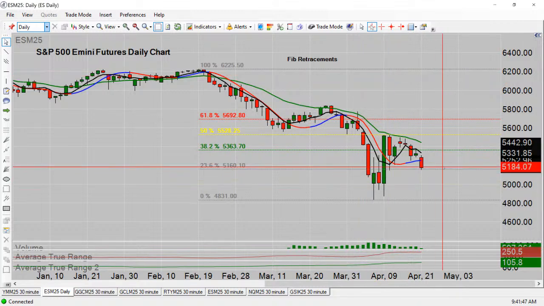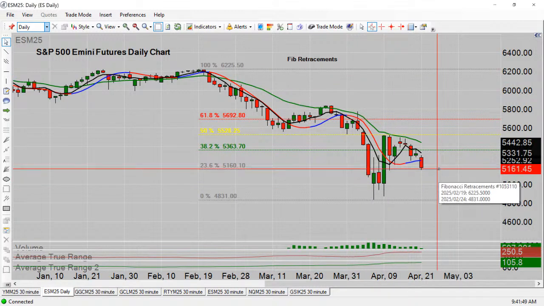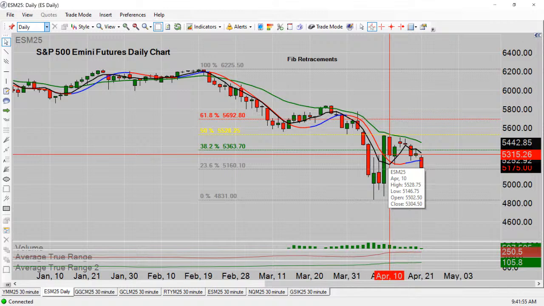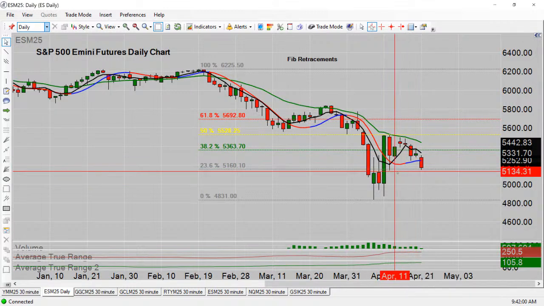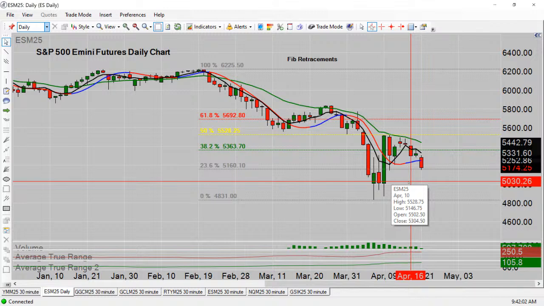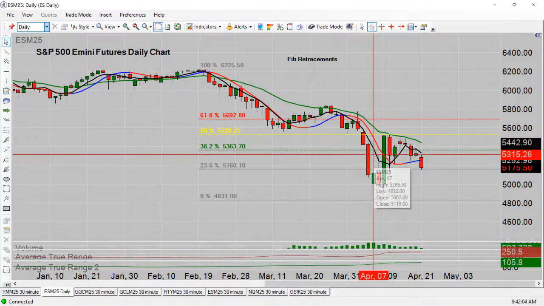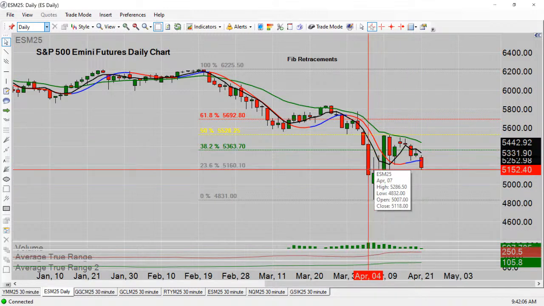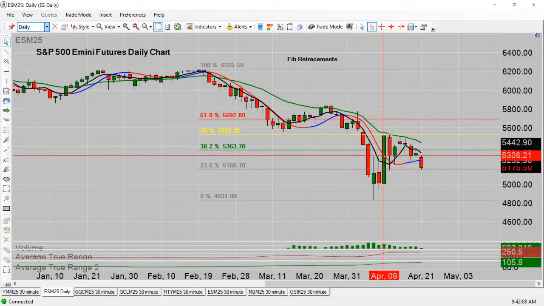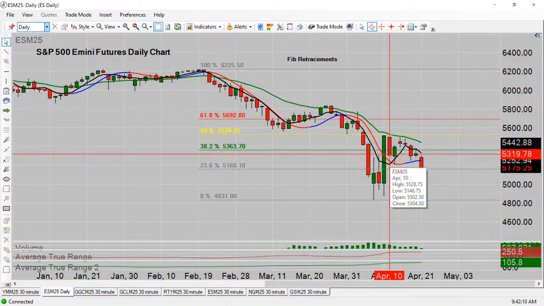Now we have two reasons right here for the support. Number one, it's the 24% reverse fib, and it's also the low of April 10th, where we came down and tested that 24% reverse fib. But look where we closed. Way up here. We jumped from 51.60, and then this day we closed at 53.04.